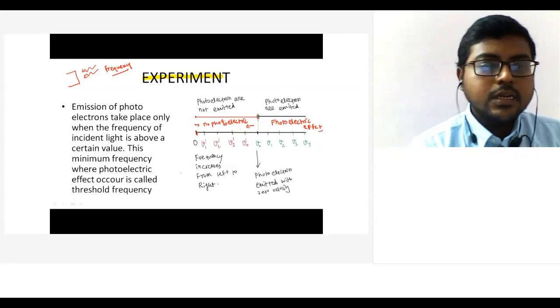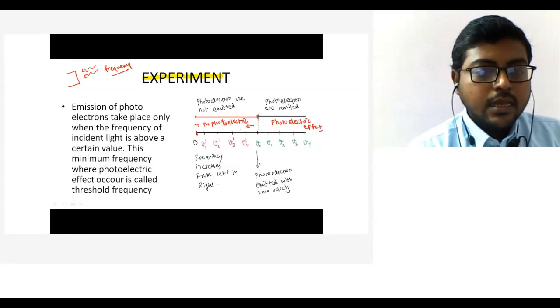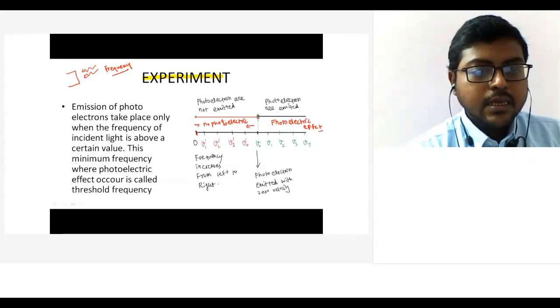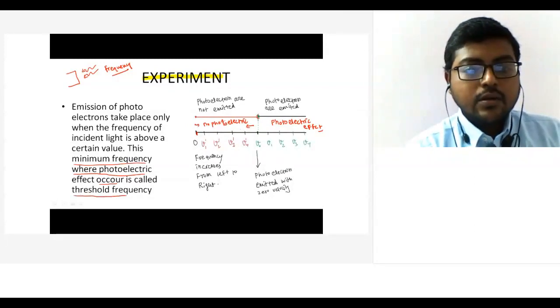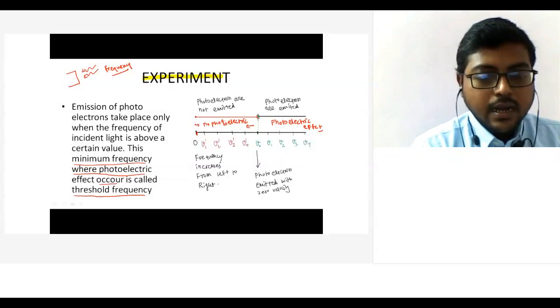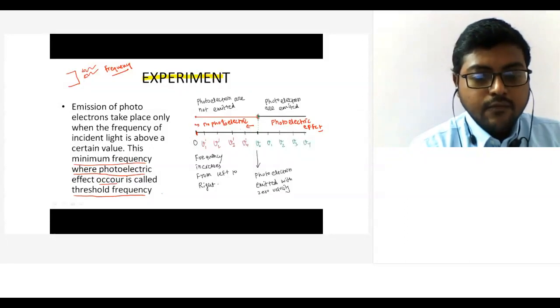So the condition is that there is a minimum frequency where the photoelectric effect occurs, and that minimum frequency is called the threshold frequency, and the corresponding wavelength is also called the threshold wavelength.